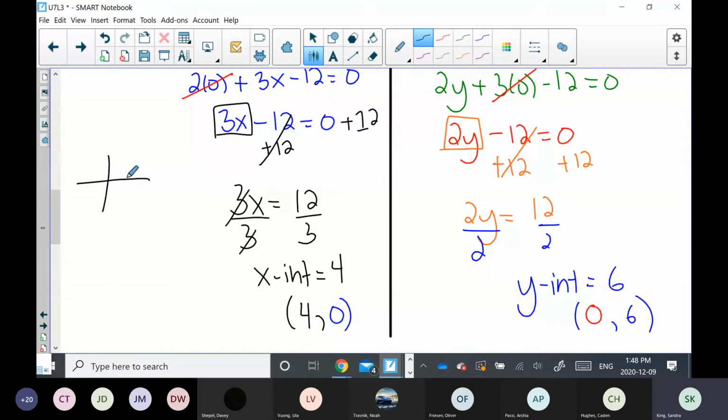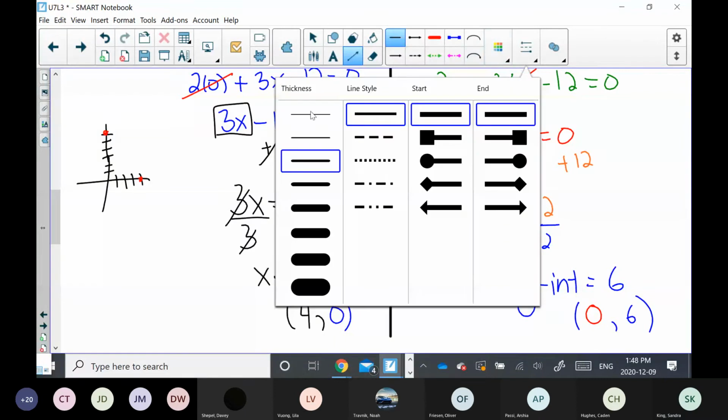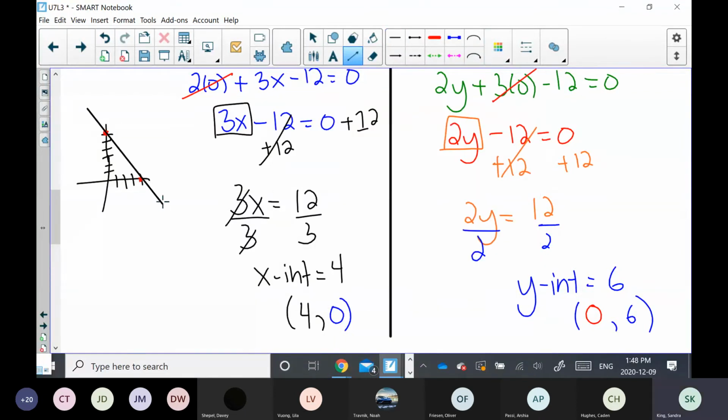X is 4, y is 0. Would be that point right there. X is 0, y is 6. Would be this point right here. Once you have your 2 points, you've got your graph.